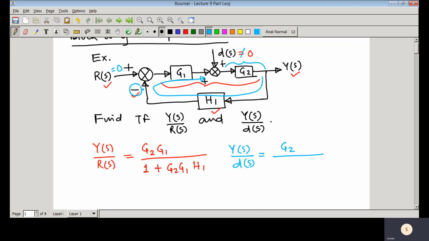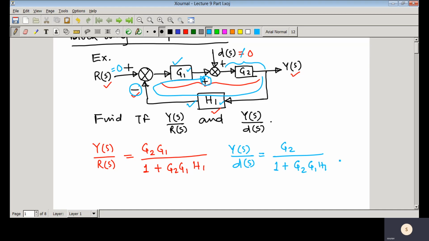Now here you have negative and here you have positive. That means positive and negative, that is negative. So basically this feedback is negative feedback. So then you have 1 plus, and the feedback path gain is G1 H1. So the forward path transfer function is G2, and feedback path transfer function is G1 H1. So this is the transfer function.